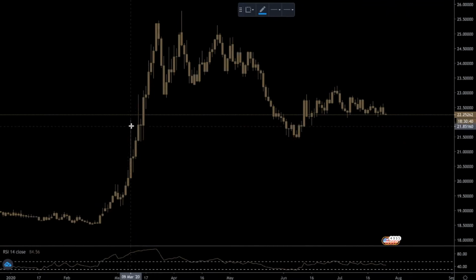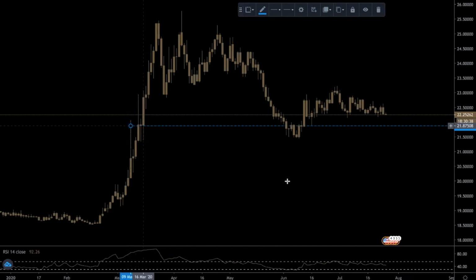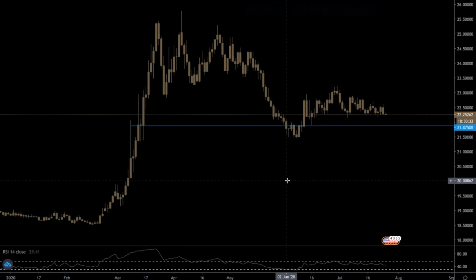Okay, so this is the major point. That's going to be 21.88. And obviously, okay, well, hold on, wrong tool. Okay, so we got the next weekly level essentially established. So we're at 22.25.